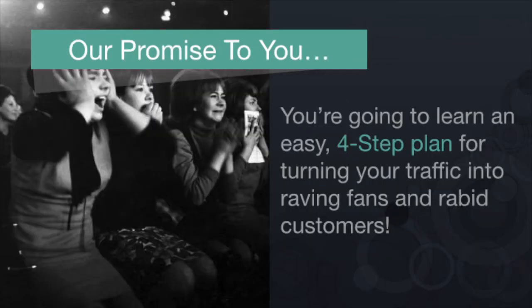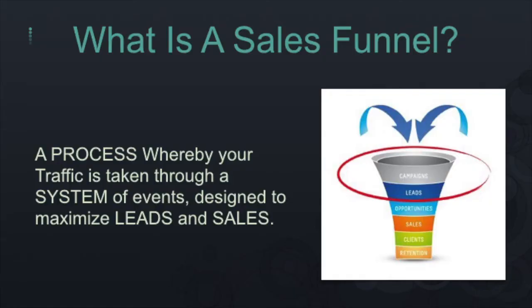Now, our promise to you is you're going to learn an easy 4-step plan for turning your traffic into raving fans and rabid customers. So first of all, before we get into it, let's just define what a sales funnel is. Very simply, it's just a process whereby your traffic is taken through a system of events designed to maximize leads and sales.